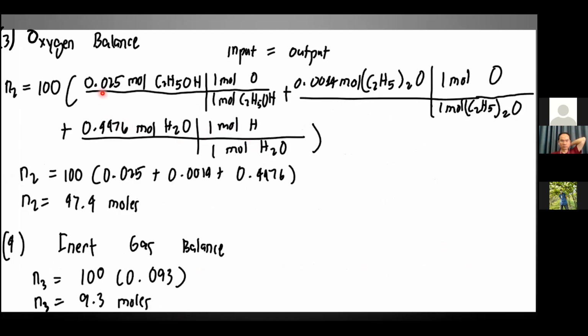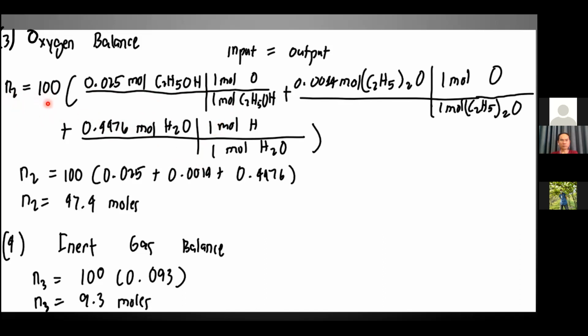So from here, next is the oxygen. I think we already solved the N2, but I think we should also do it to verify that our calculations are correct. So the N2 is the unknown, the input, and then we're in the output.